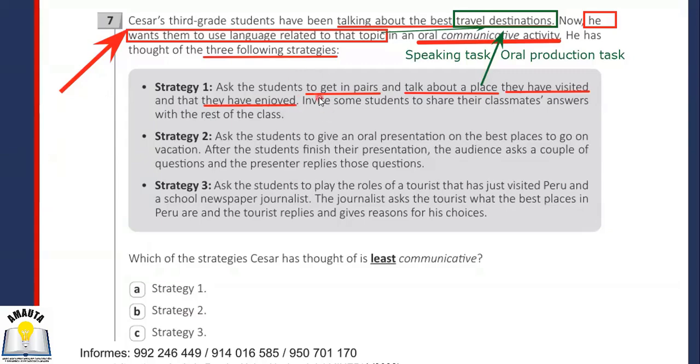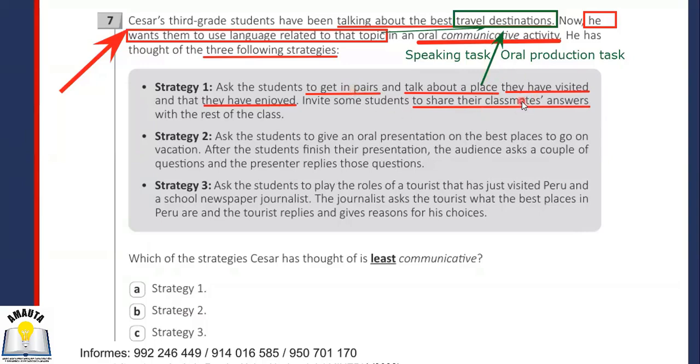After the pair work, invite some students to share their classmates' answers, to report their classmates' answers, with the rest of the class. First, students talk in pairs. The activity is contextualized.